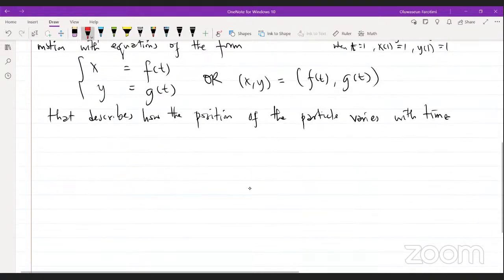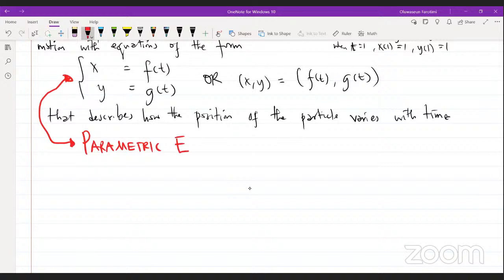Okay, so now let me safely mention, guys, that this equation that I have here is what we call the parametric equations. Let me write that in words.